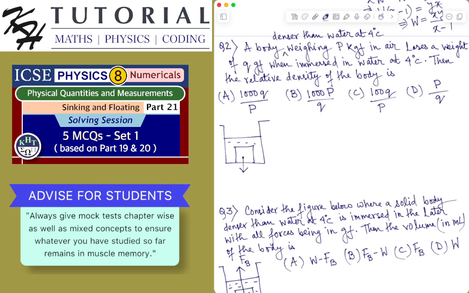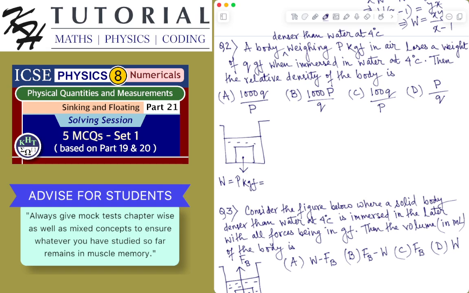And this is the weight. It is given the body weighs P kgf, which basically means the mass of the body is P kilogram. So this weight is P kgf.